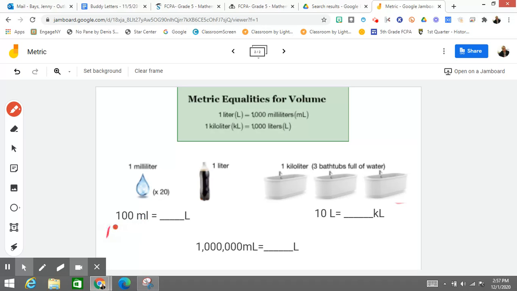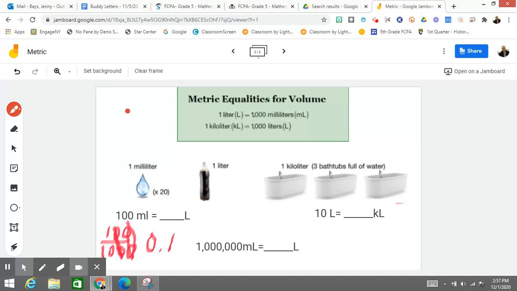So let's look at it 2 ways. 100 divided by 1,000. We can just cancel out the matching zeros. And we have 1/10 left, which we can write as a decimal, 1/10.